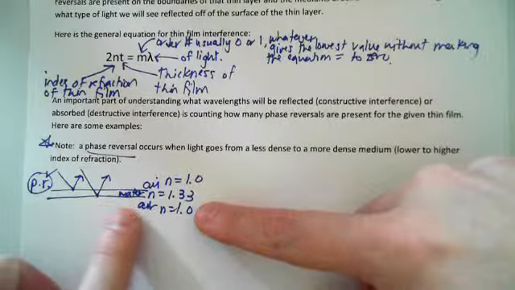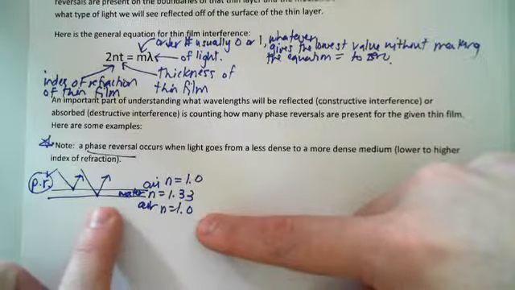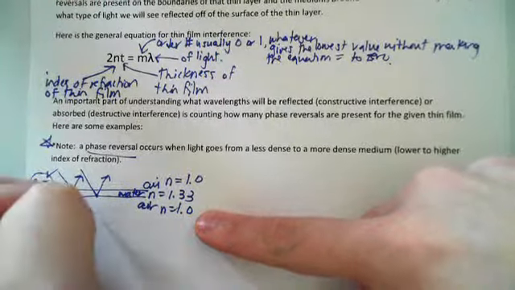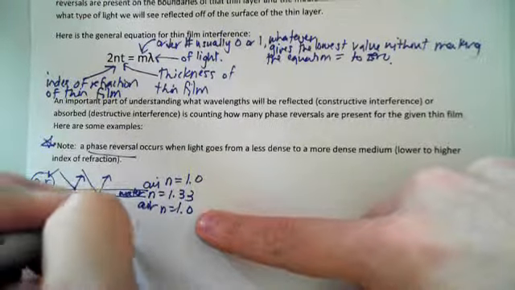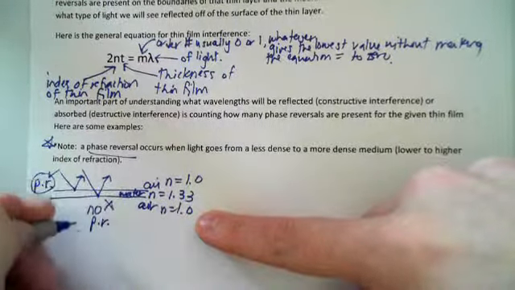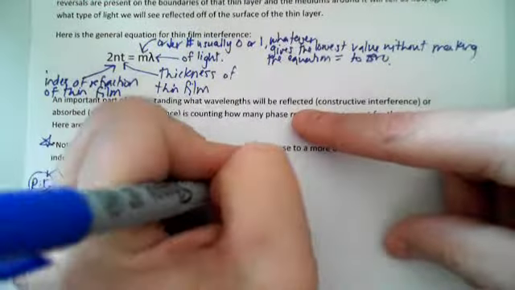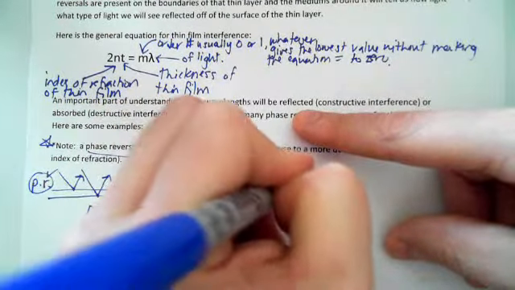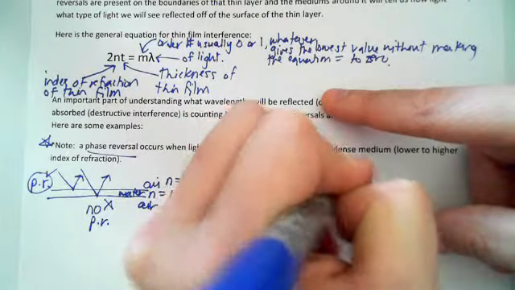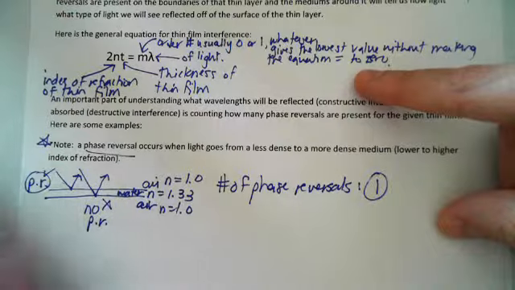What about this guy? N 1.33 to 1. Is that a phase reversal? Nope. No phase reversal. All right. So the number of phase reversals we have in this problem is 1.